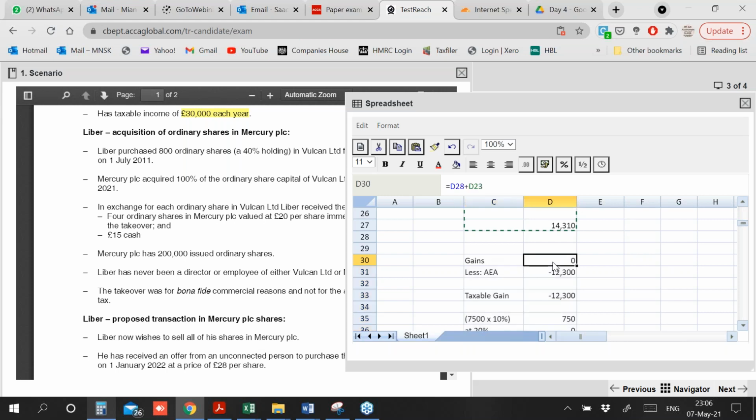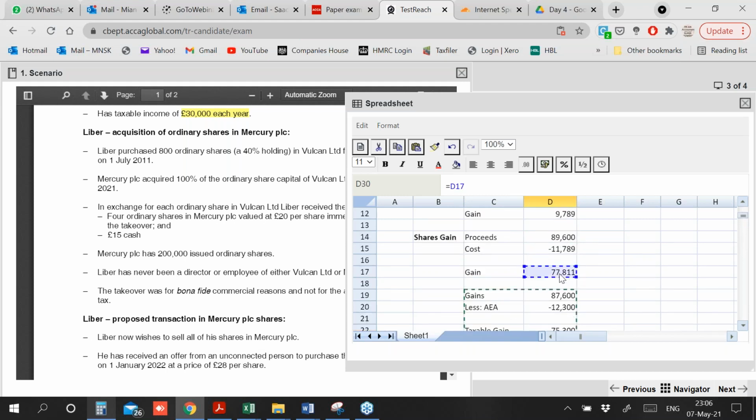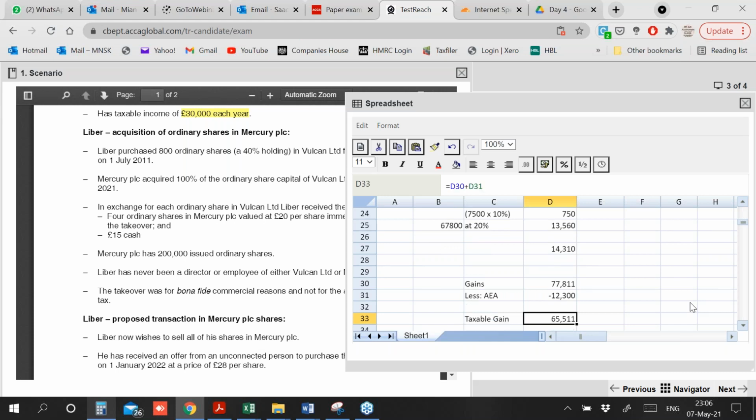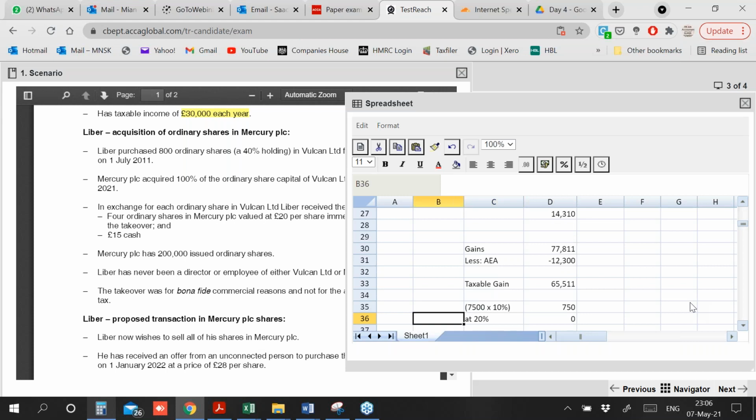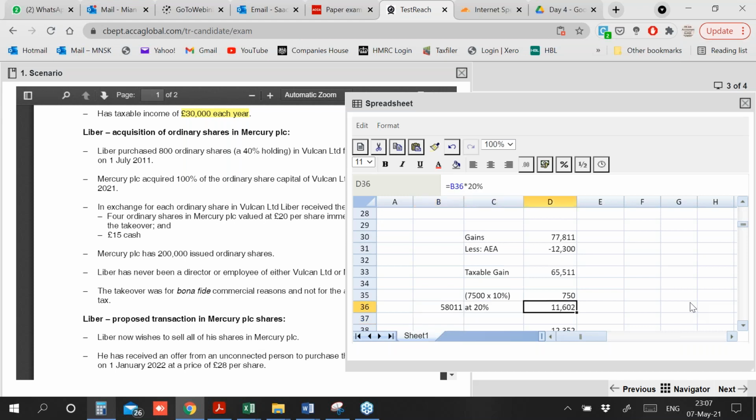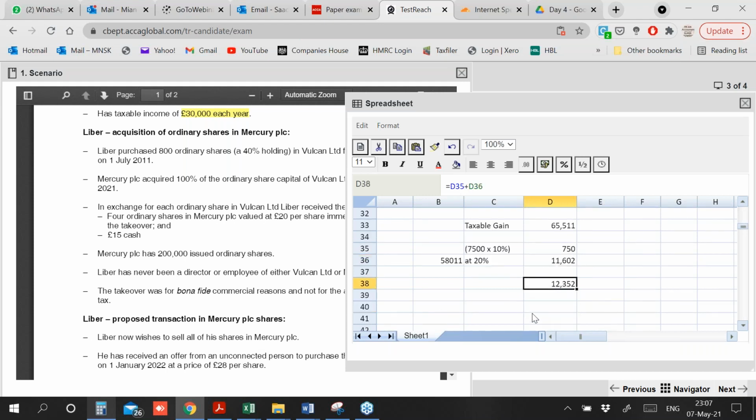So the gain next year will be the same. On shares, the gain is 7,811. Less the annual exemption, the taxable gain will be this. Out of that, 7,500 will be taxed at 10%, and the remaining gain will be taxed at 20%, that is this amount minus 7,500. So this will be the tax next year. It will be 12,352.